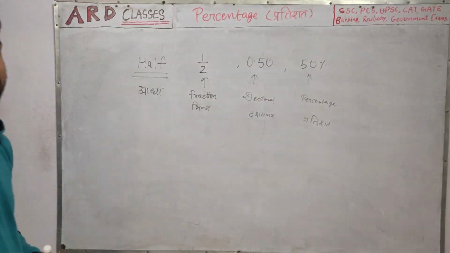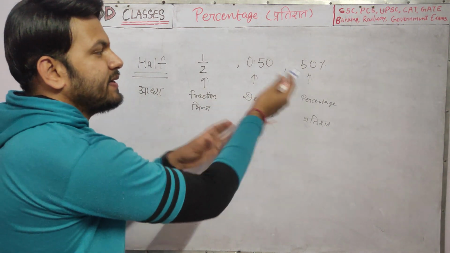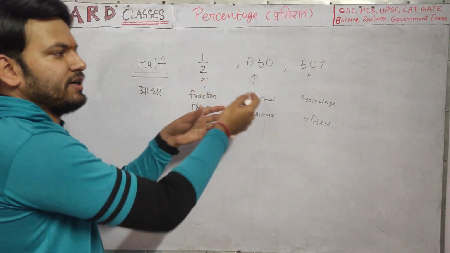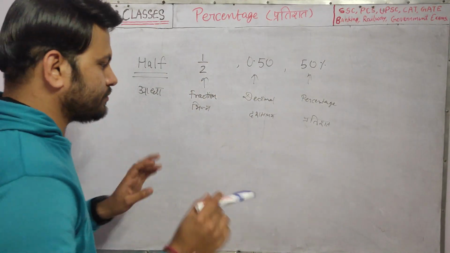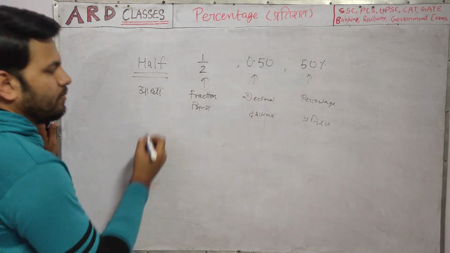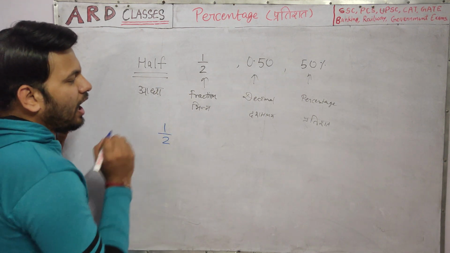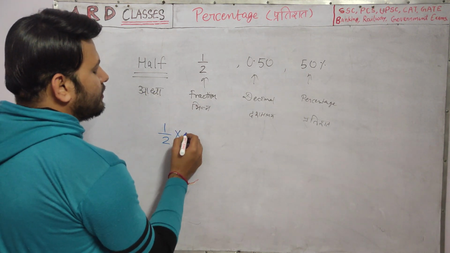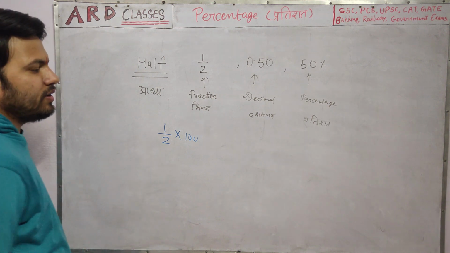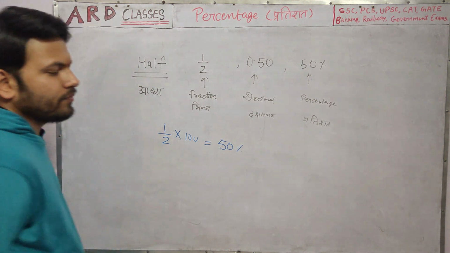I hope you guys have cleared this. You can write fraction in percentage, percentage in fraction, fraction in decimal, decimal in fraction. For example, half. If you want to write this half in percentage value, you just simply multiply it with 100. So it will become 50 percentage.